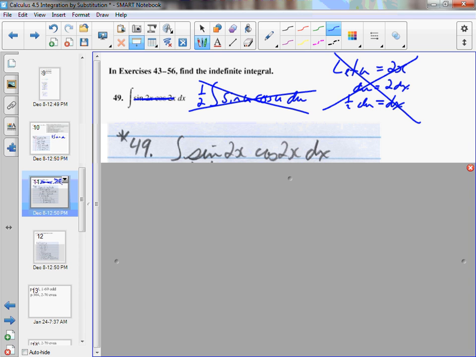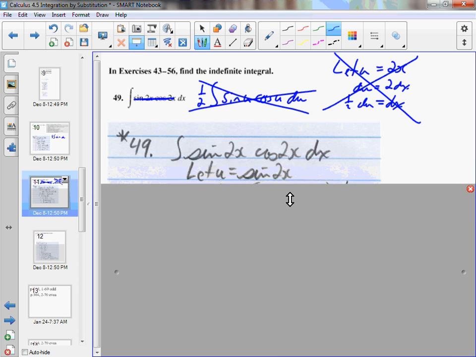Now, sine and cosine, with the exception of a negative sign, aren't they derivatives of each other? Okay? So here's what I'm going to do then. I'm going to let u equal the whole thing of that trig function, sine of 2x, leaving off the cosine of 2x for a minute. So let u equal the sine of 2x.